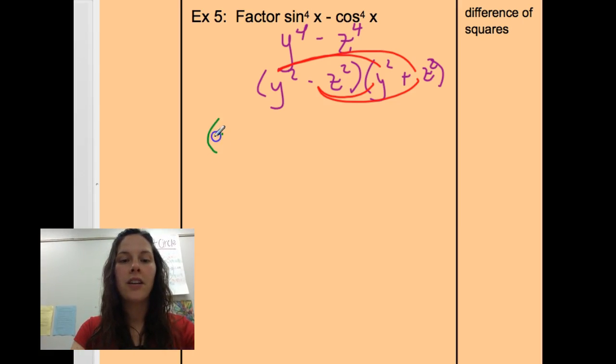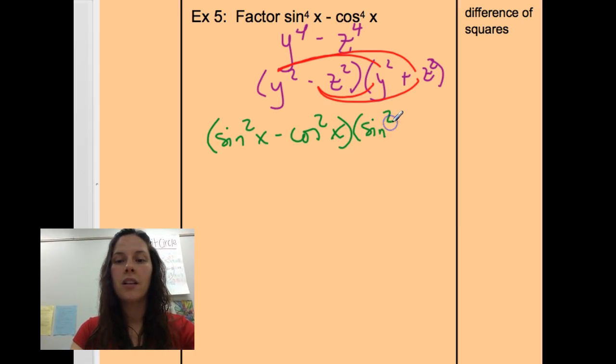So we're going to use this type of factoring with our trig functions. So we would have sine squared minus cosine squared, and then the same thing but opposite signs, sine squared plus cosine squared. Don't lose the x. We usually shortcut that when we talk about it, and as you saw, I almost lost my x when I was factoring. Using that first Pythagorean identity, sine squared plus cosine squared equals 1.